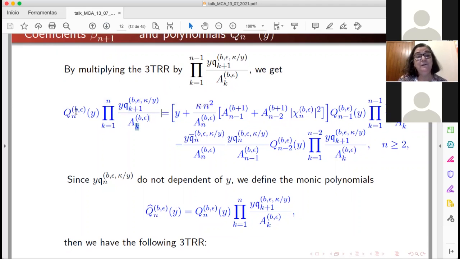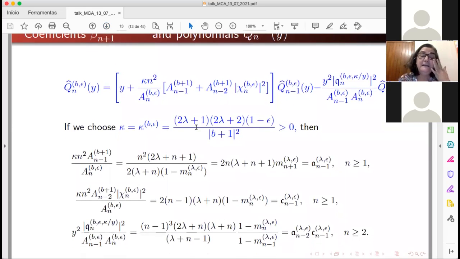So we are going to call this polynomial here, see, we have n minus 1, n minus 2, the sequence of polynomials Qn hat. Qn hat means that it is the monic polynomial.